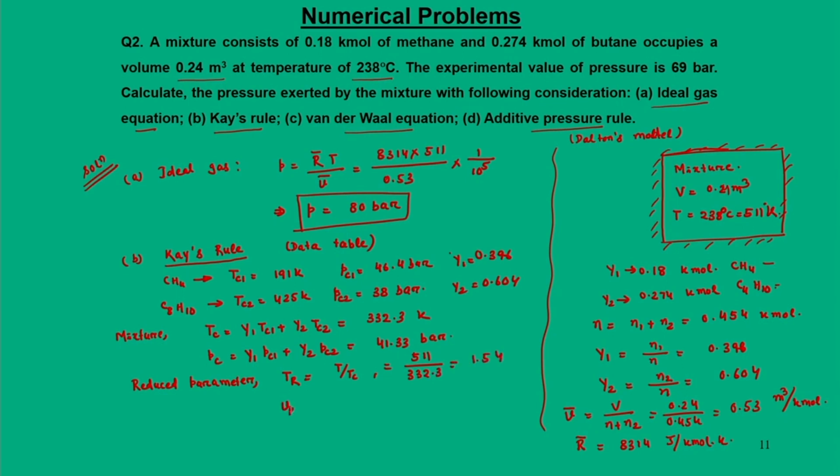Then we have VR, that is V bar PC by R bar TC, and V bar we already know is 0.53. So the VR number would be 0.794. TR and VR then give you Z equal to 0.88. How? You have to use the compressibility chart.